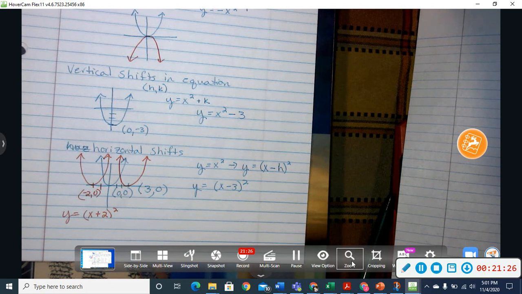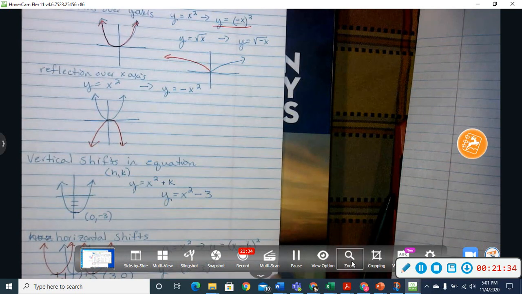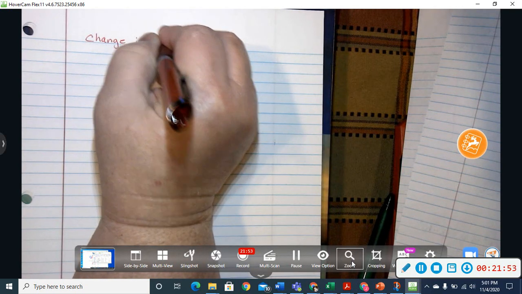So we've done the vertical shifts, we've done the horizontal shifts, we've done the reflections. Let's talk about the dilations, which means the change in the sizes. If we have a change in size, then that means that we have multiplied by a particular amount.